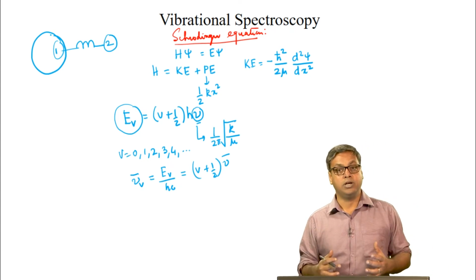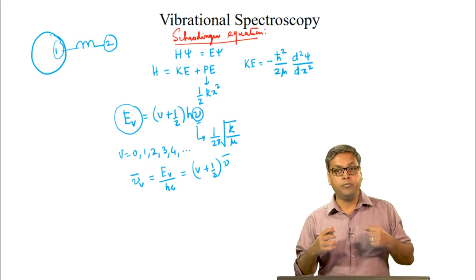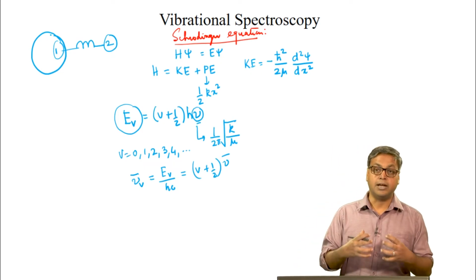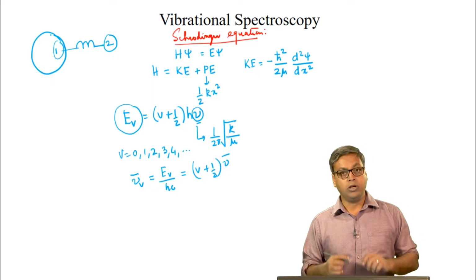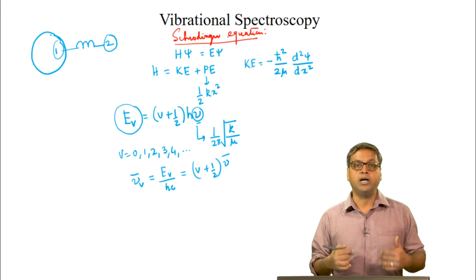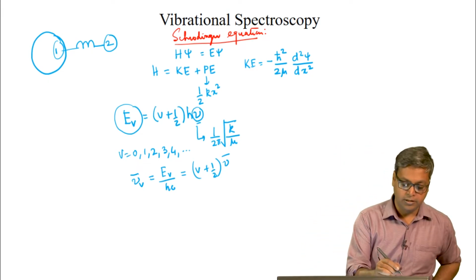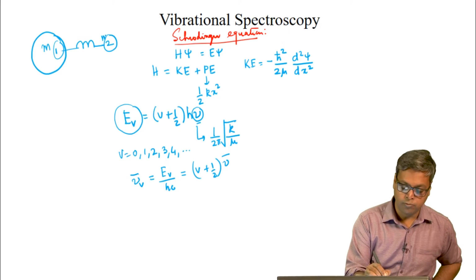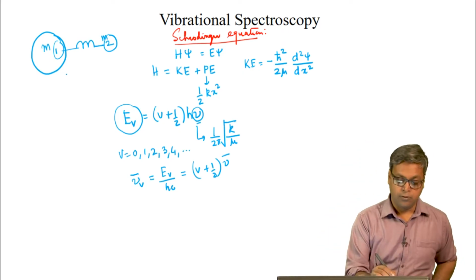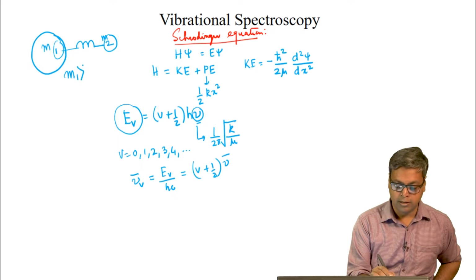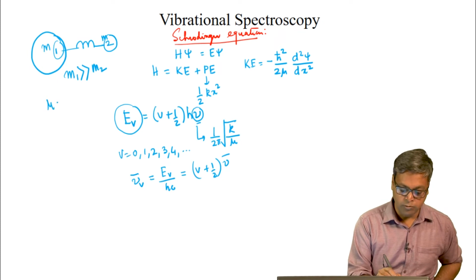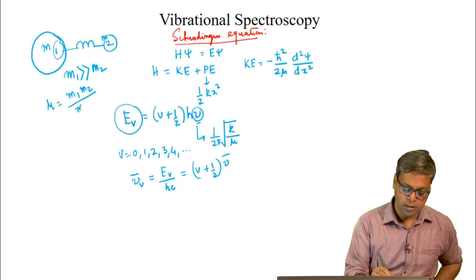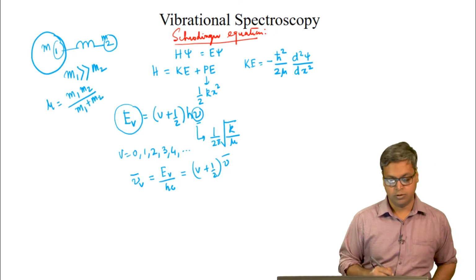Then we can assume that the vibration will be of the lighter atom, that is atom 2, relative to that of the heavier atom. So, if we look into the reduced mass expression, we have m 1 and m 2, these are the two masses, and if we have m 1 greater than m 2, we know the reduced mass mu is given by m 1 m 2 divided by m 1 plus m 2.